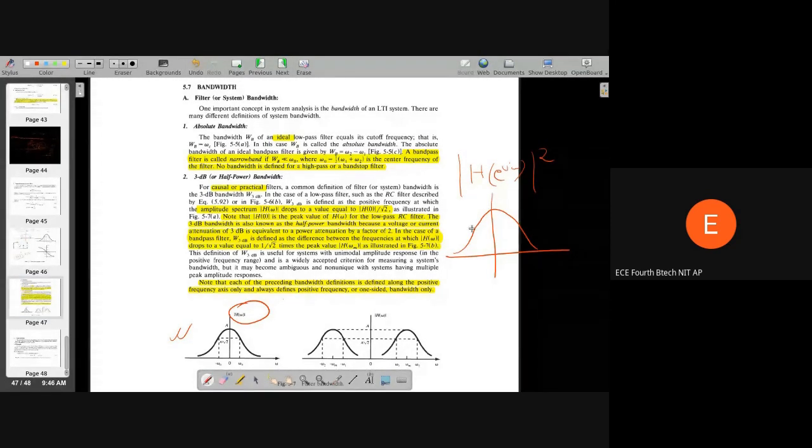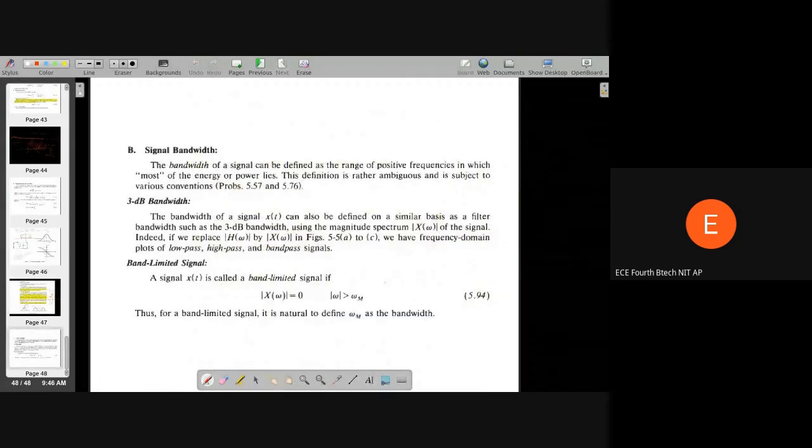When your maximum power, P max, becomes half, this width you call the 3 dB bandwidth. Alternatively, it becomes 1 by root 2 in the amplitude or magnitude spectrum. We call it the same thing, since it's a square. I think you know this. You have gone through so many courses. You know how to calculate 3 dB bandwidth. That's all. This is the same concept for signals.